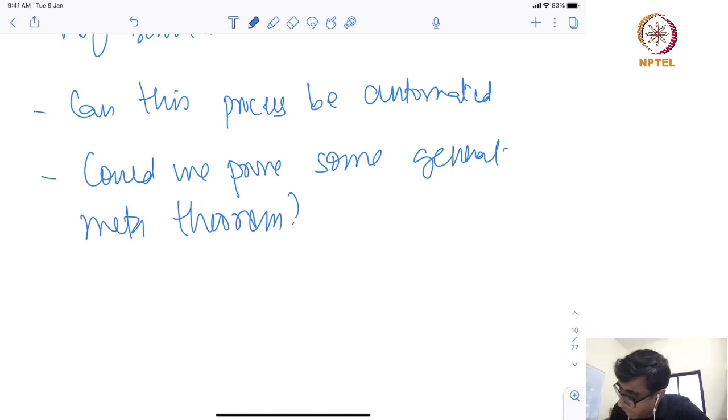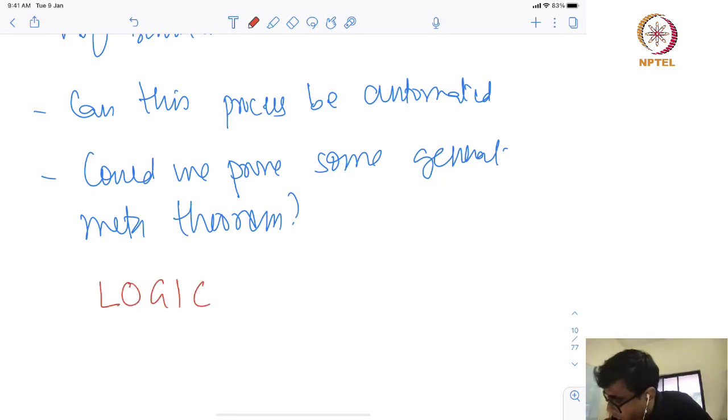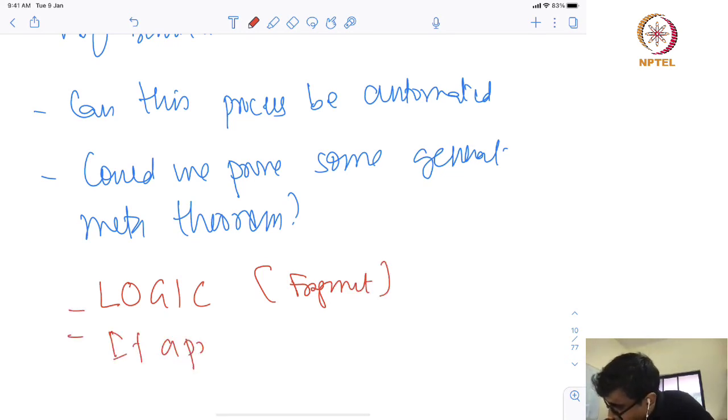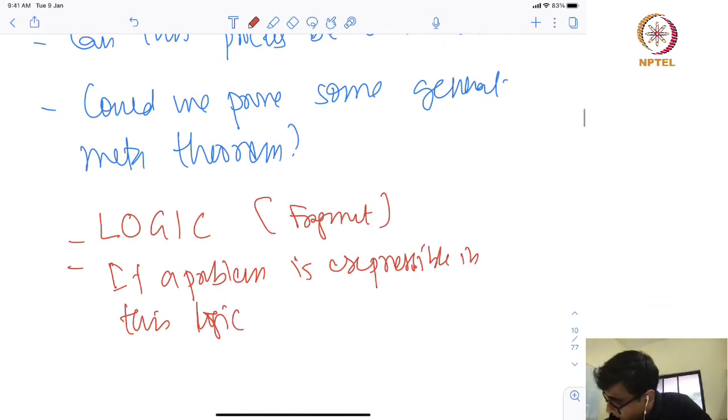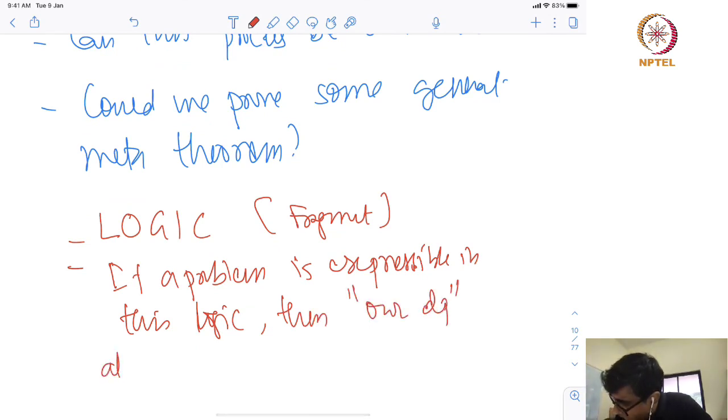In these things, generally these meta theorems are like this. If this next 10 minutes of lecture, even if you do not follow completely, it is perfectly fine. So, we say, could we find a fragment of logic, okay, such that if a problem is expressible in this logic, then our DP algorithm can be automated.